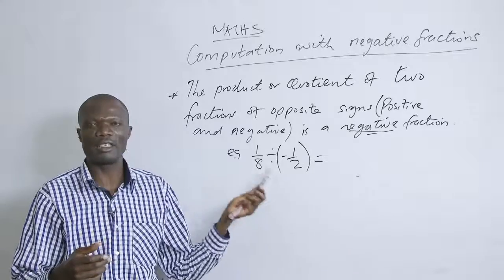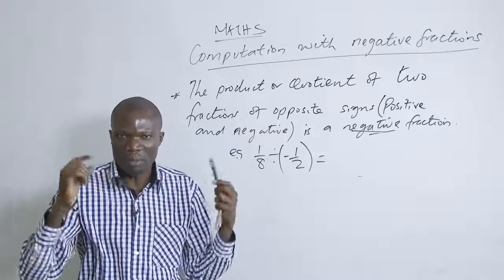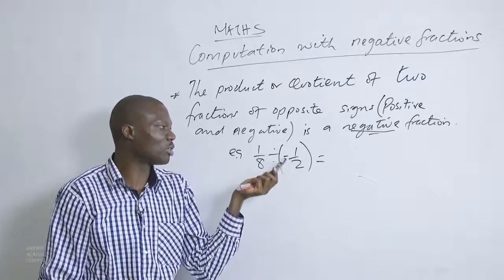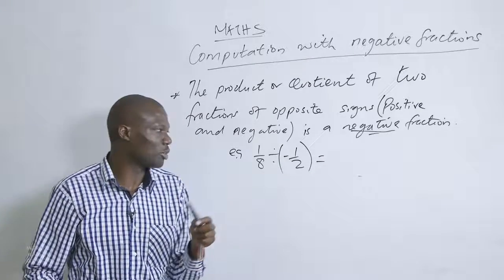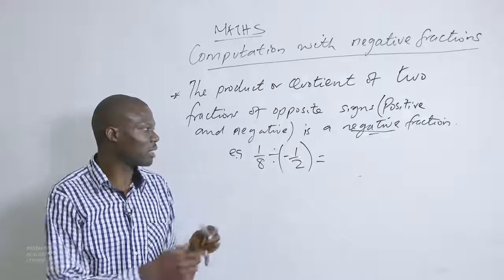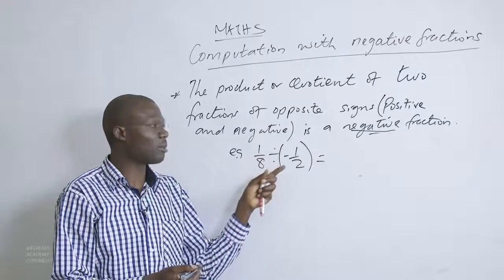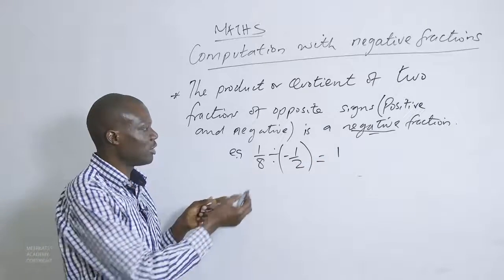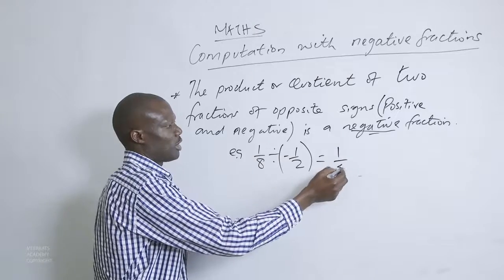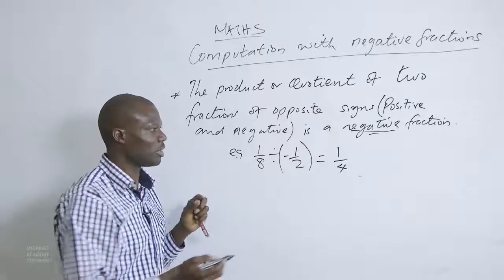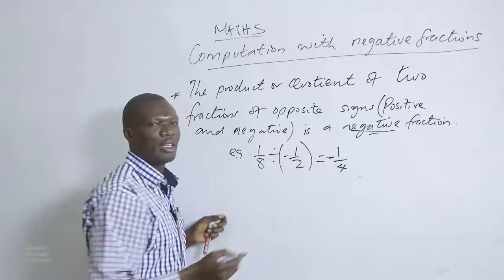So definitely the answer from the rule here must be negative. It must be a negative fraction because the signs are opposite. So when you divide this, it is 1 divided by 1, which gives us 1, and then 8 divided by 2, which is 4. The signs here are not the same, they are opposite signs, so the answer must be negative.